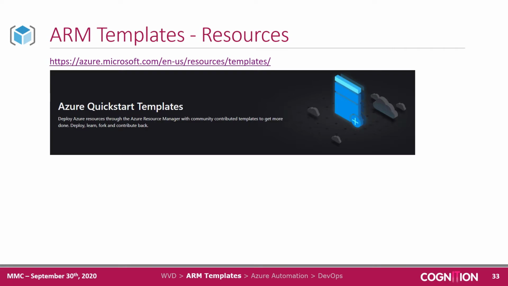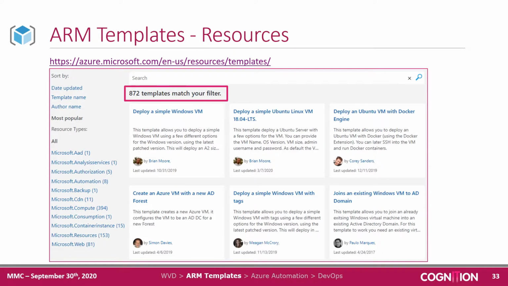If this process might not help you directly because it might be a bit more complex than just deploying a virtual machine or just creating a host pool, there's also an entire library of pre-configured ARM templates with almost 900 templates to choose from. So the chances are pretty high that the template that you are looking or are trying to build already has an example within this library.